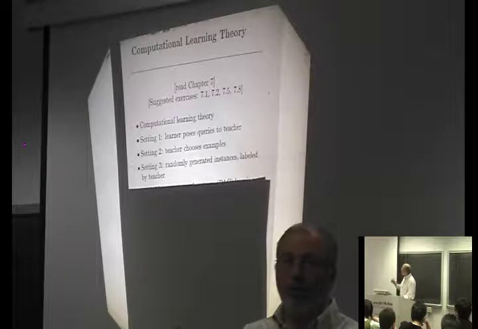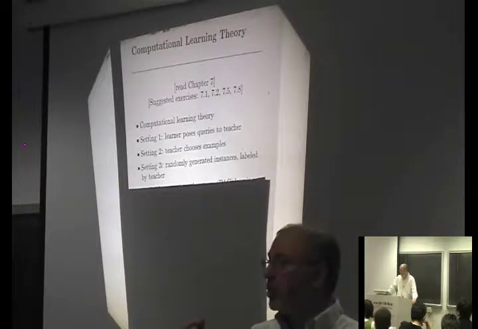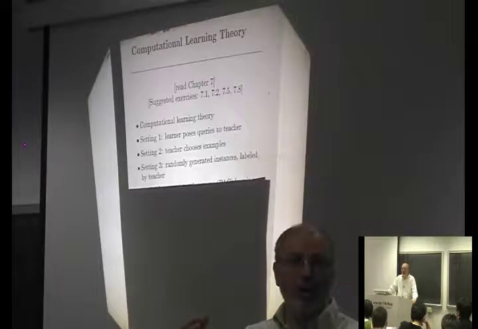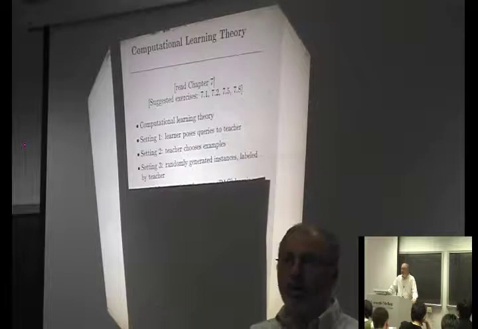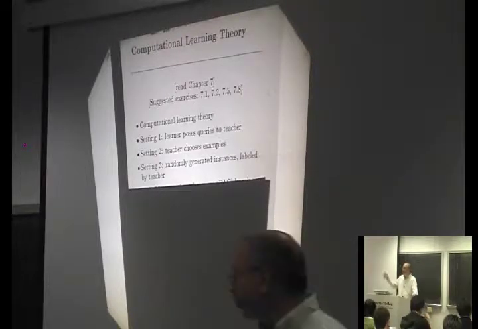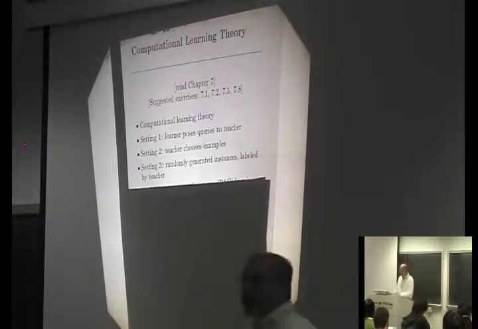You can use these 3 settings to answer any one of the questions I posed before. So let's take the question of sample complexity. Namely, how many training examples are needed in order to converge on the right answer? The answer may be very different under these 3 settings. And let me give you very concrete examples.